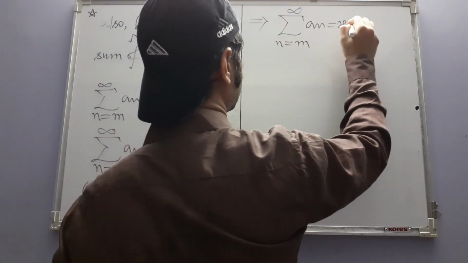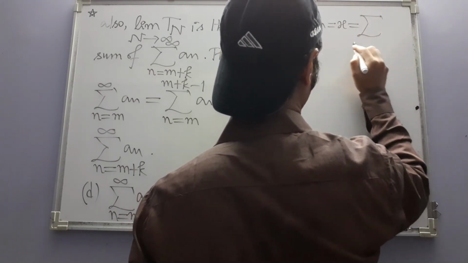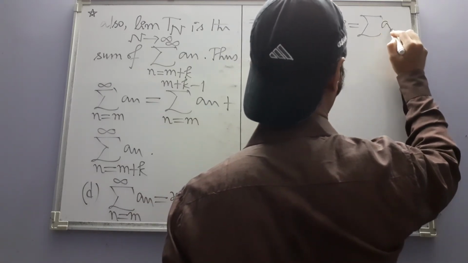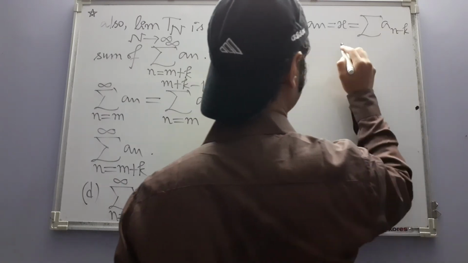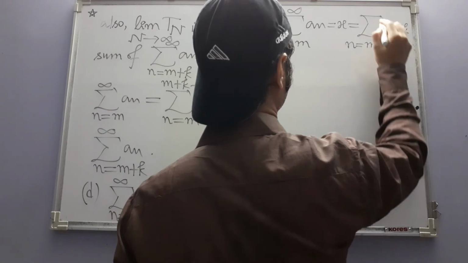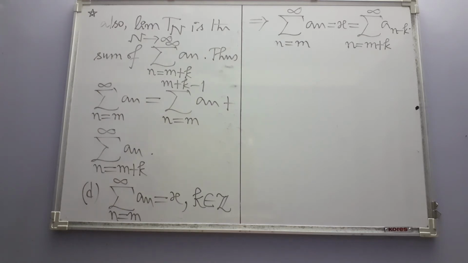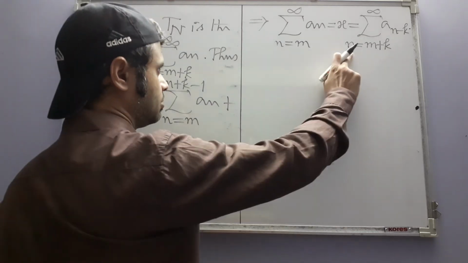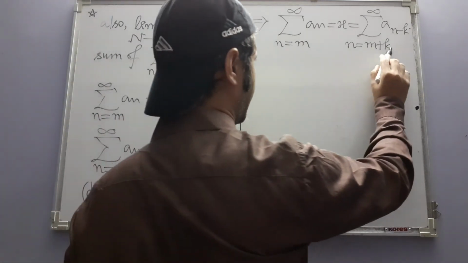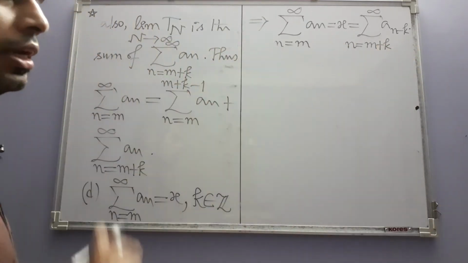This is also equal to the summation of this other series, actually there is no difference, where the terms are indexed like a n minus k, and the index n starts from m plus k. So it's like we have added k to m, and to compensate for that we have subtracted k from n.